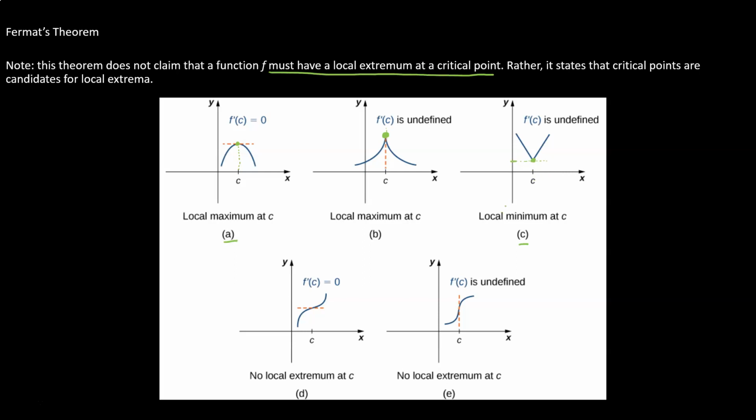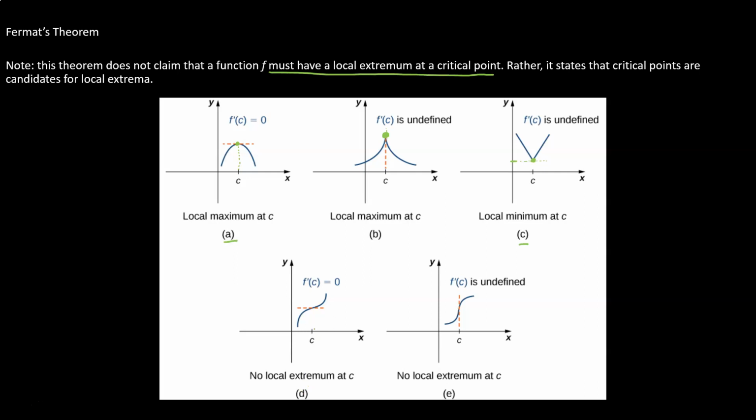So the top 3 cases are all like best case scenario. You have a critical point and you're able to locate a maximum or a minimum at those critical points. Moving down to the bottom half of the screen, graphs D and E, we have critical points, but no local extremum at those critical points.